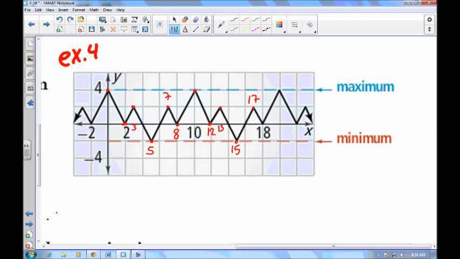Okay, try your best to copy the points, so you need something to look at when you do your homework. 22, and this is at 23. So all these numbers I've written are x values. Try to plot the points and then zigzag your pencil through them, so you have a graph to look at.